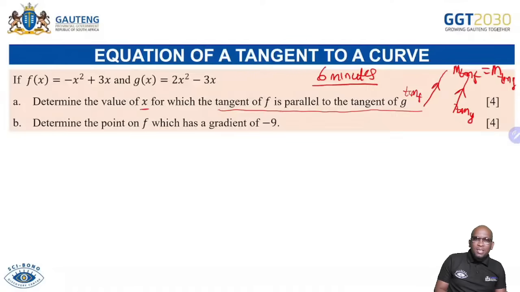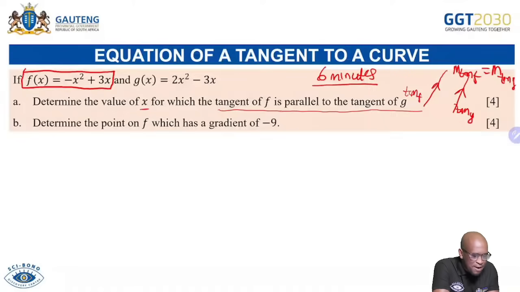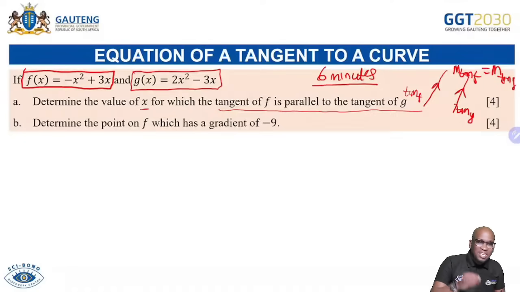So that is how we deal with that. We find the gradient of the tangent of f and the gradient of the tangent of g, and we equate them because the tangent of f is parallel to the tangent of g.